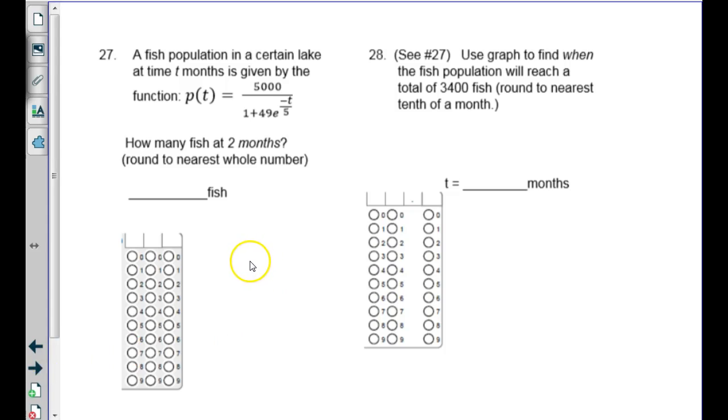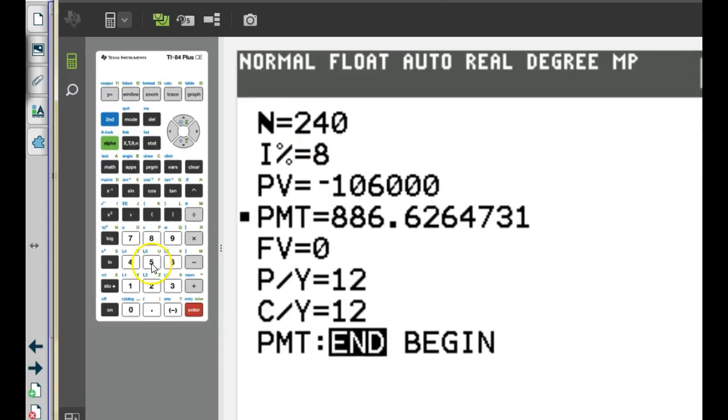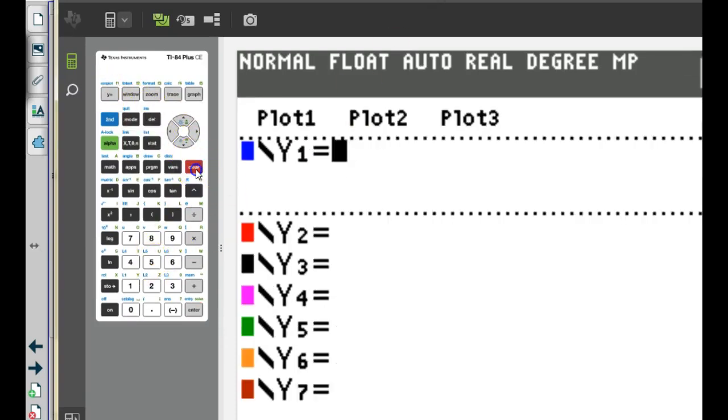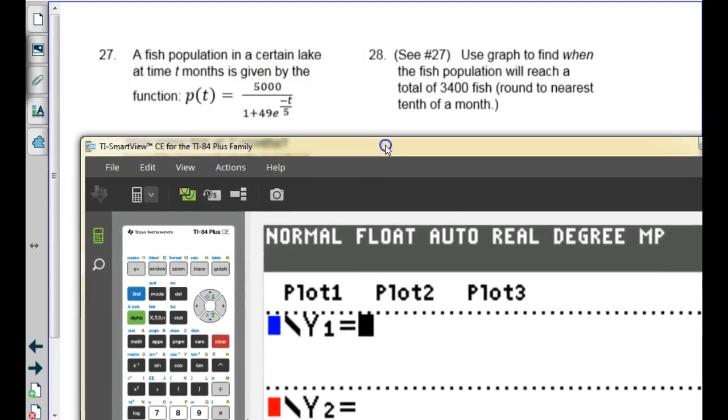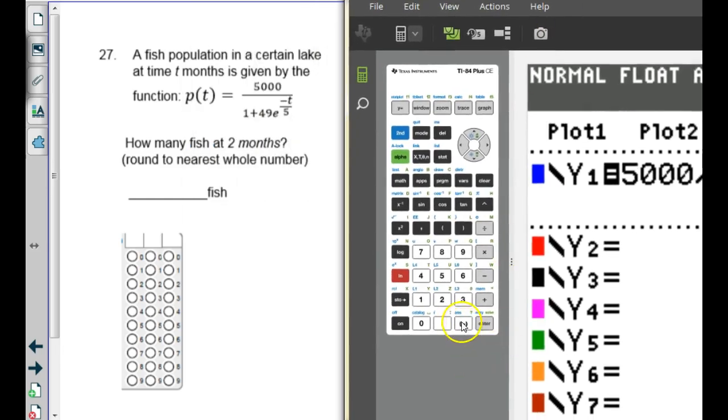All right. 27. Yep. Nervous about this question because it has multiple parts. It's worth multiple points. And some of you still can't type this in your calculator to get the right graph. It's 5,000 divided by parenthesis 1 plus 49 seconds ln to get E, and then parenthesis if you have an older calculator, otherwise you're up in that little box, and it's negative x divided by 5.